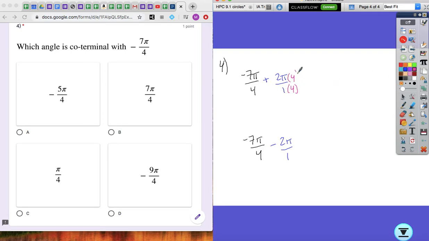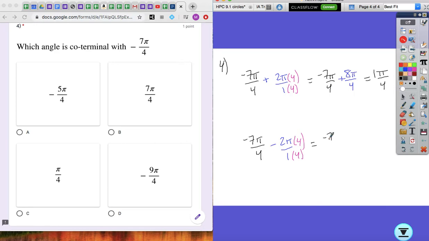So I need to multiply this fraction by 4, so I get that common denominator. So this will equal negative 7 pi over 4 plus, and then multiplying here, 4 times 2 pi is 8 pi. 8 pi over 4. When I add those together, I'm going to get 1 pi over 4, which is the same thing as pi over 4.